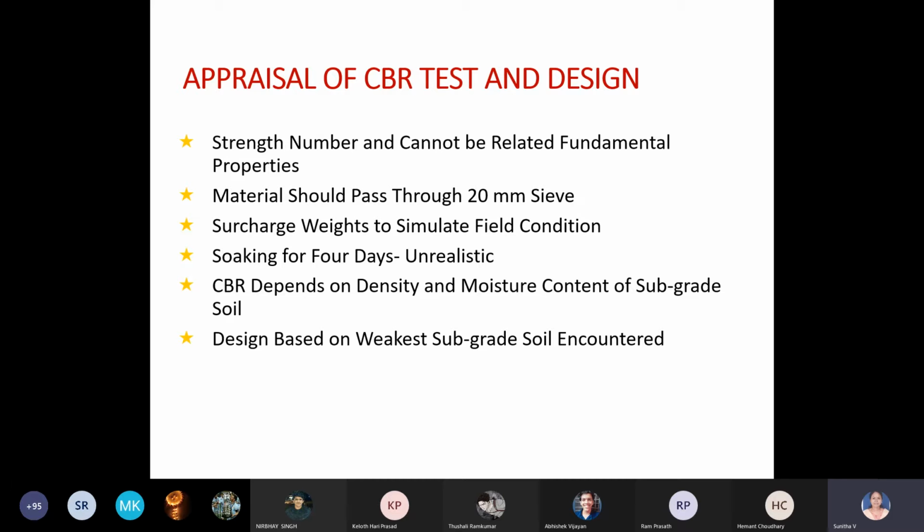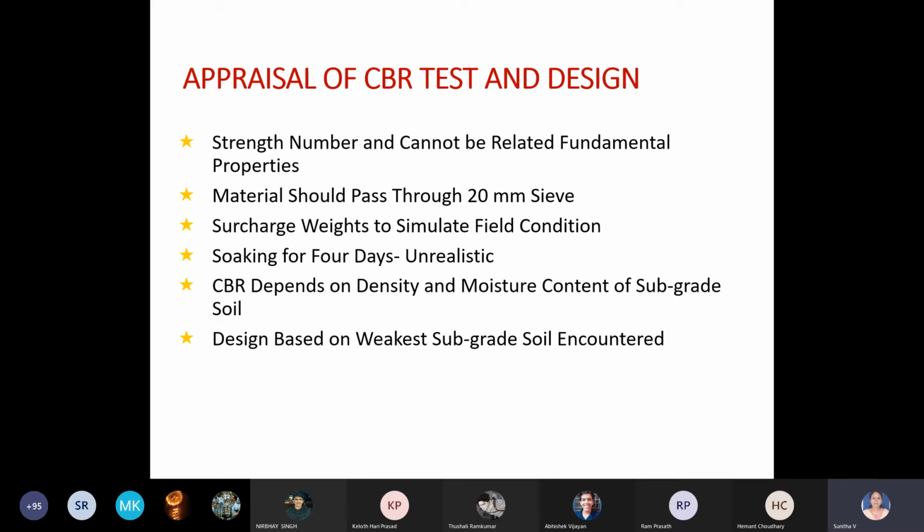And soaking for 4 days is unrealistic, because sometimes it might be soaked, but you can't expect the soil to be always fully saturated. So it's not sure why this 4 days is given. It's questioned, but anyway, usually it is done as per the standard for 4 days to replicate this worst scenario of the saturated condition.